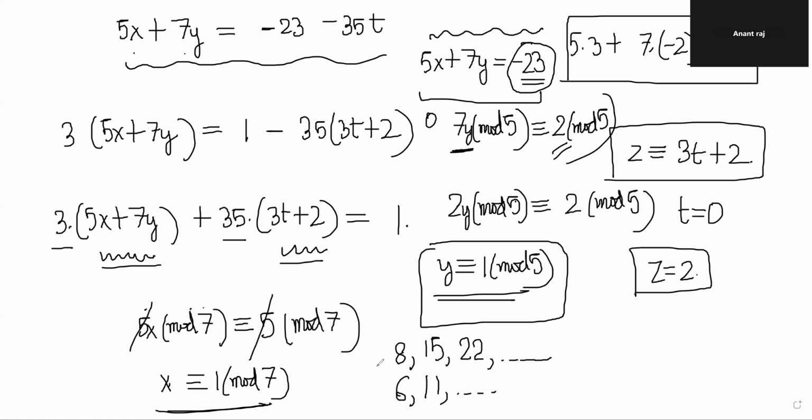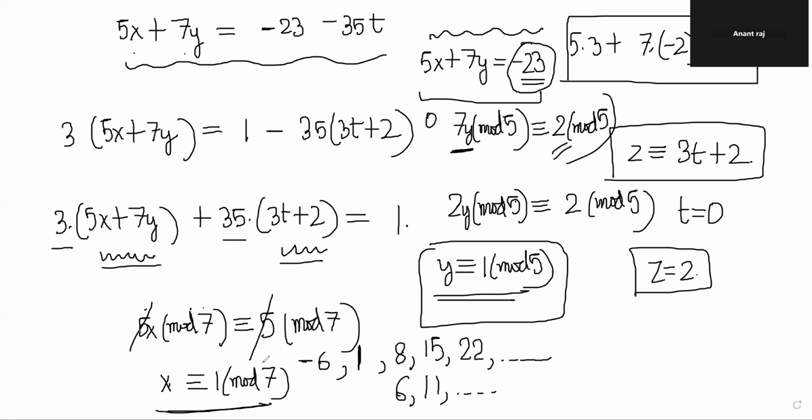What comes before 1 mod 7? 1, and before that is -6, then -13 and all.